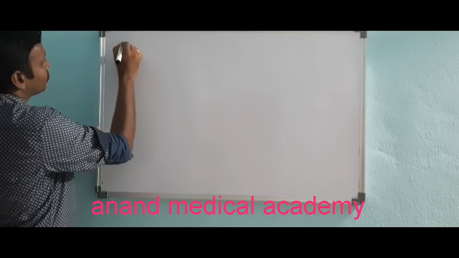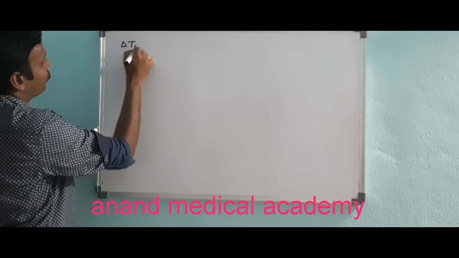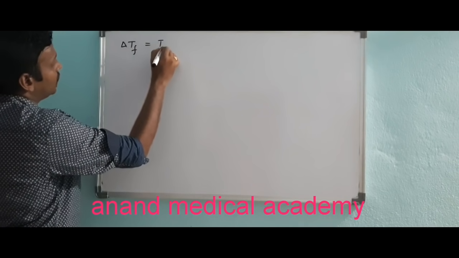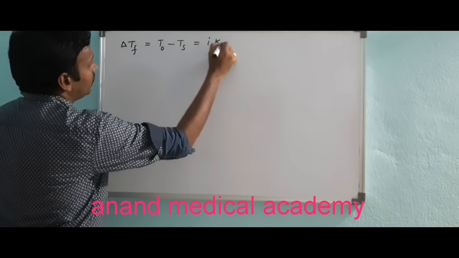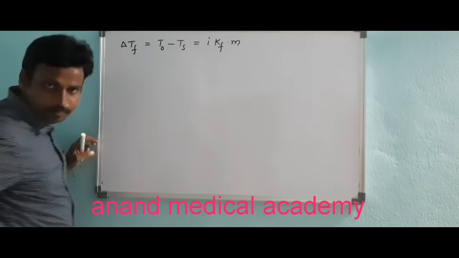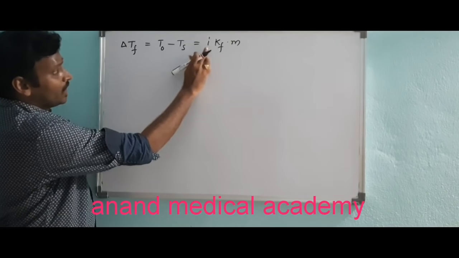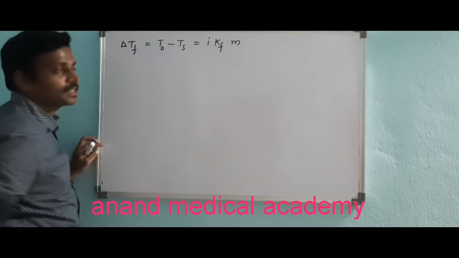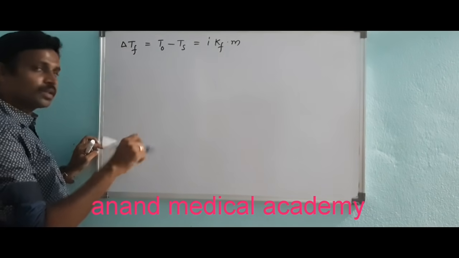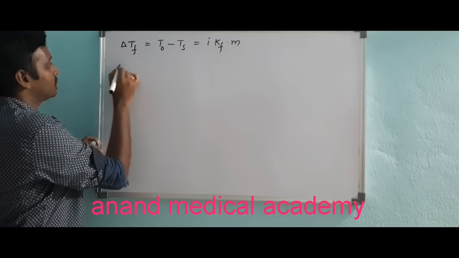So next, delta TF is equal to T naught minus Ts is equal to i into Kf into m. So here you have i, Kf and m. For the same, I will take some examples.